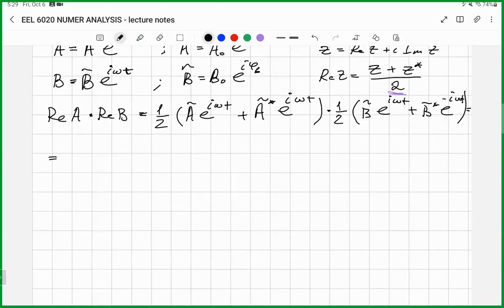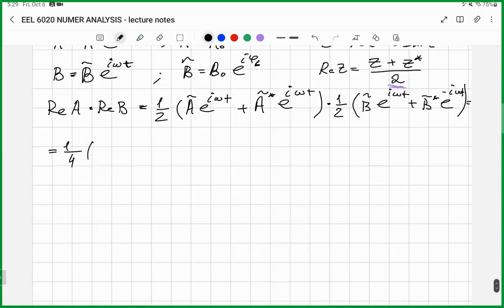The parentheses. We get 1/4 here. Then I have 4 terms: A tilde times B tilde complex conjugated without exponential function, because e to the power of i omega t times e to the power of minus i omega t cancel out.